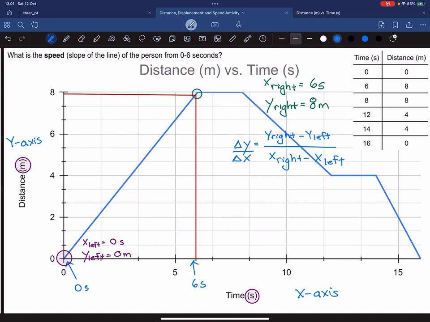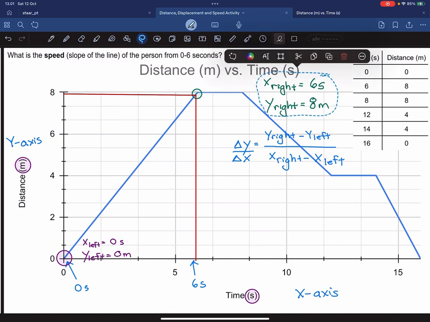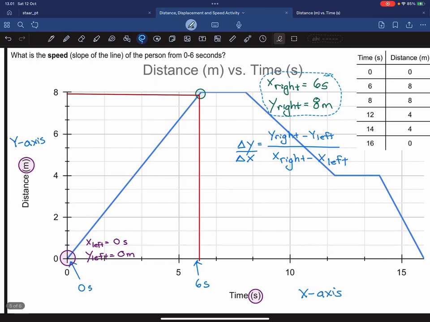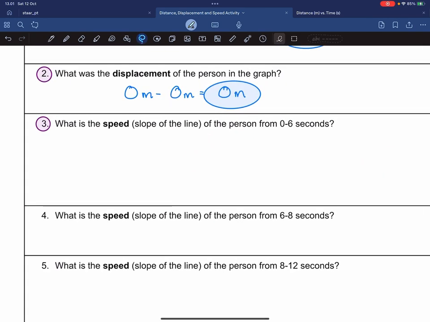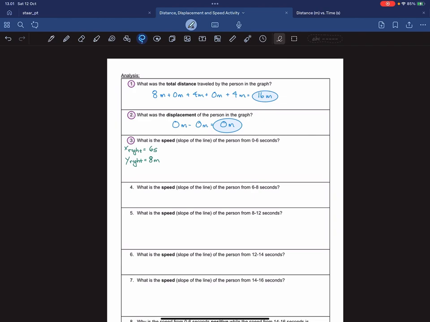Now I'm going to take all these things and I'm going to put them back in the problem solving paper right here. So there's x right and y right, which I got from my graph.